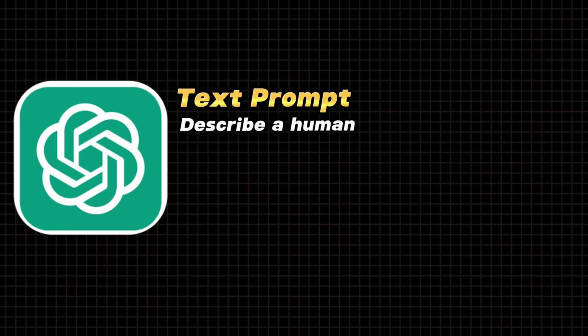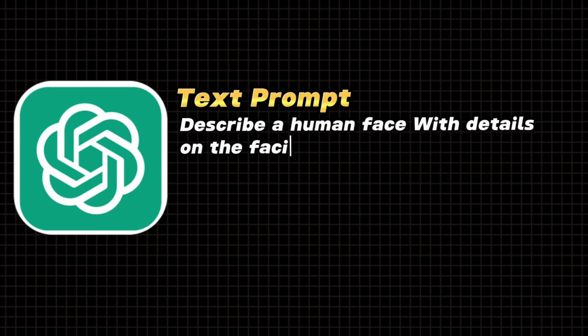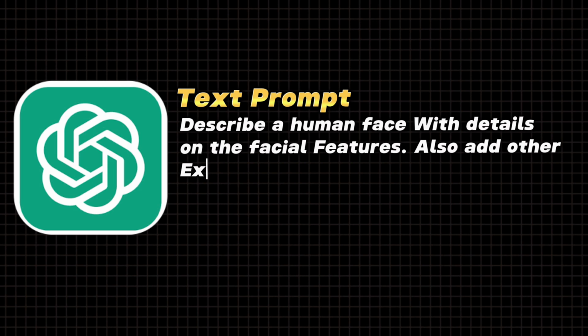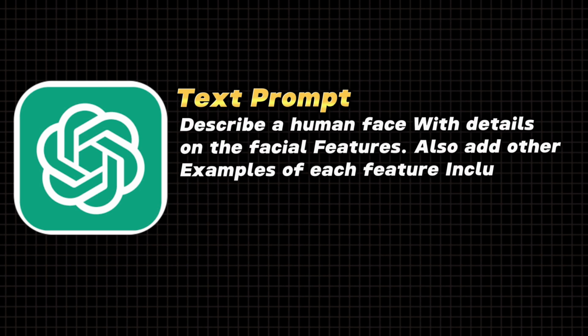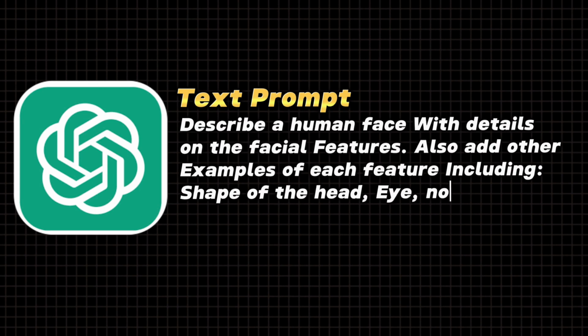So you need to be able to describe the face. In fact, if you cannot do this by yourself, you can use ChatGPT and just ask it to describe an actual human face, so that you see the things that ChatGPT gave you that you need to describe when you are describing a face.